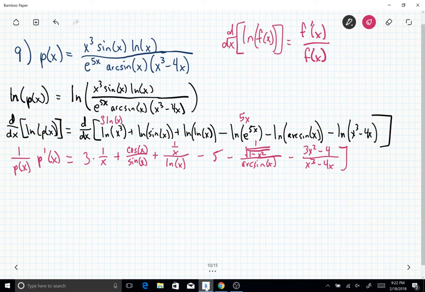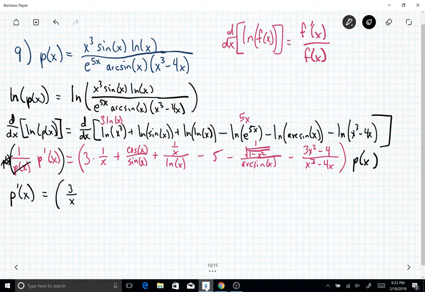I should use parentheses here. So what do we do on this? Well, if we multiply both sides of our equation by p of x, notice our p of x on the left hand side cancels, and we're left with exactly what we want on the right hand side. So p prime of x equals, let's brush this up just slightly.